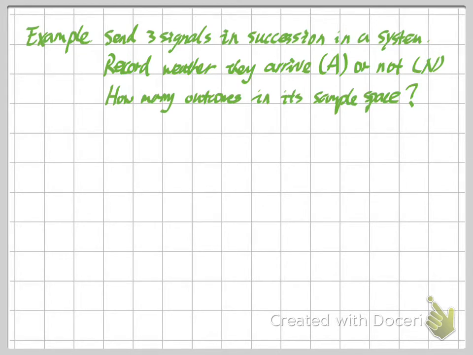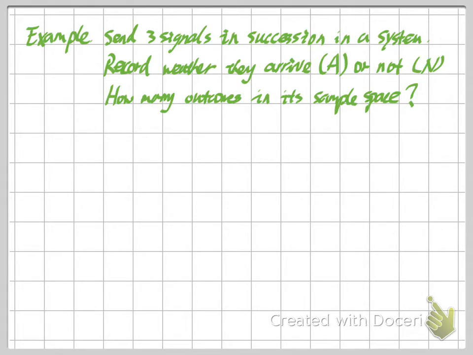We talked about this example in the lecture about sample space. If you want to know the details of how to write out the sample space, you can look at that video. Here in this question, we only want to know how many outcomes we will have in the sample space.